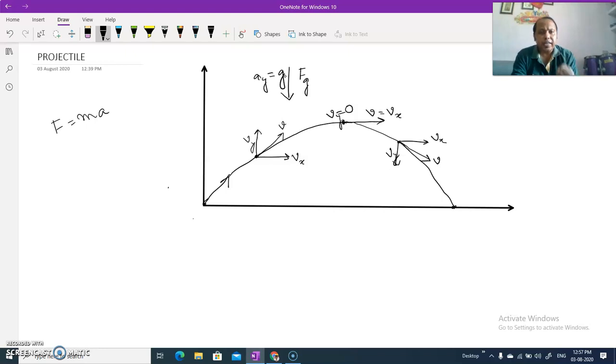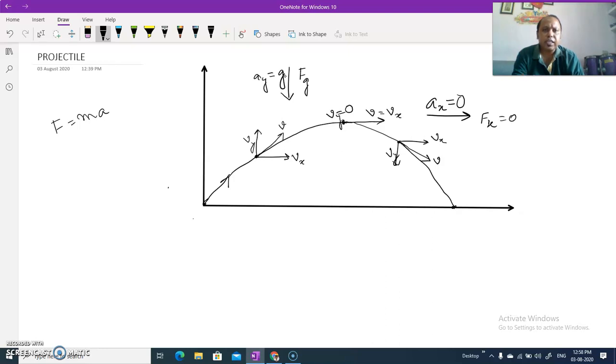That is, if you are asked what is the acceleration of the body which is projected into space, in the vertical direction its value is g, which is the acceleration due to gravity, because it is acted upon by the gravitational force only. No other force acts. That means if you are asked to find the acceleration along the horizontal, obviously it will be 0, because the force along the horizontal direction is 0.